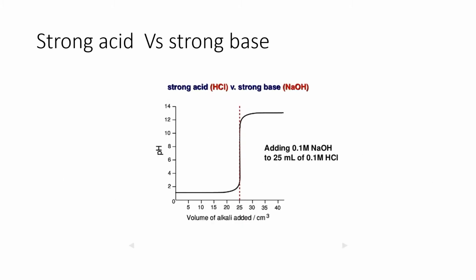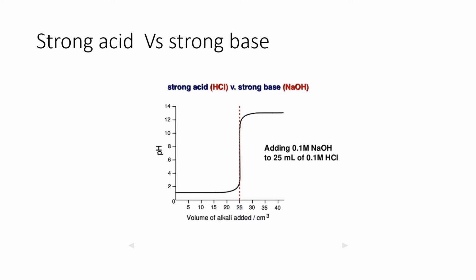You can see the graph for strong acid versus strong base. Up to 24.99 ml there is no much change. The pH value varies between 1 and 4 only. But after that, when 0.01 ml is added, there is a sudden change in pH value to 7.